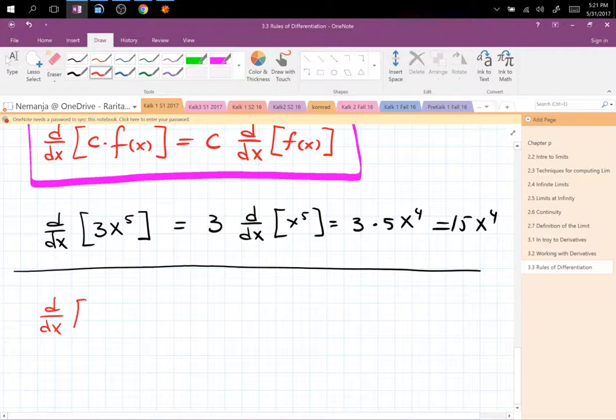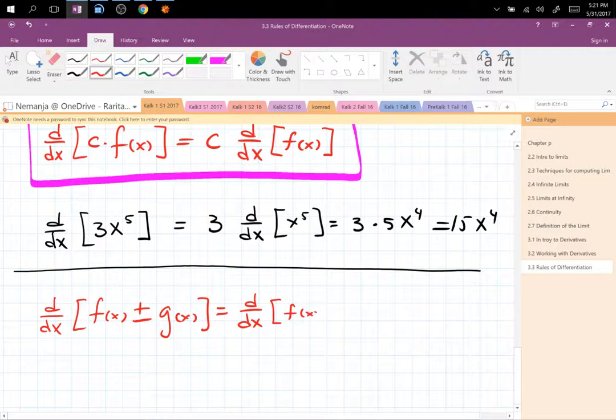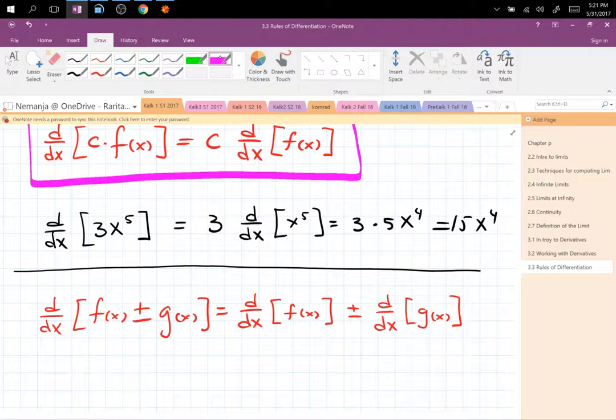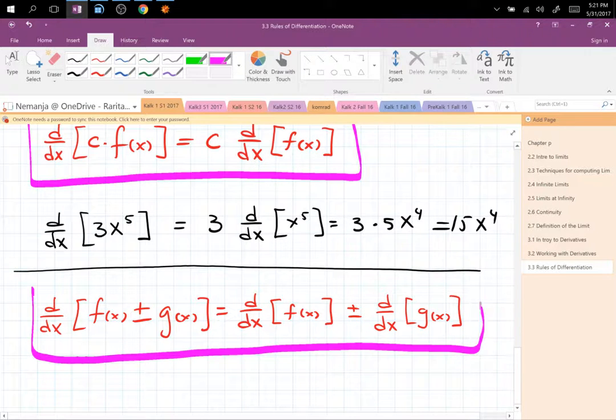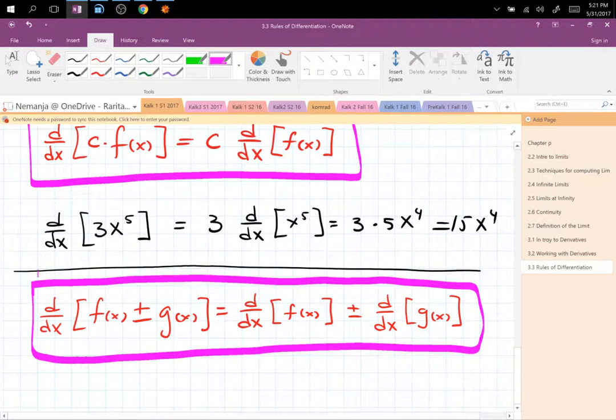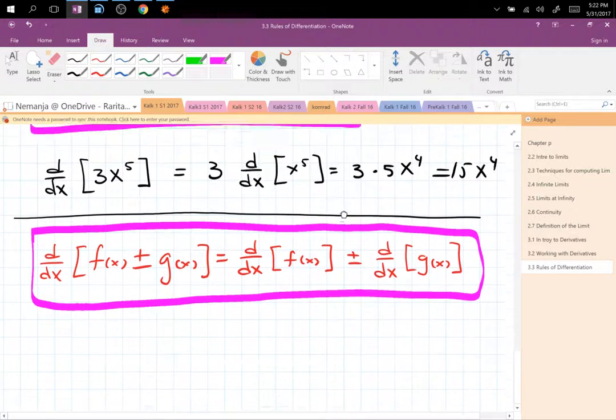So if you have two functions added or subtracted, you can take independent derivatives. So this is how we deal with more complicated functions.